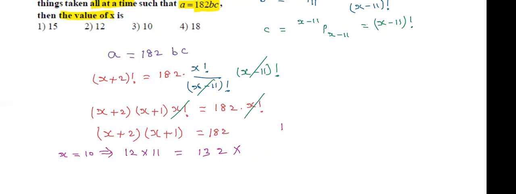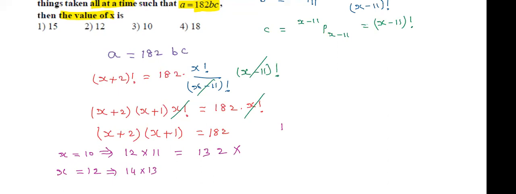Go to another one. I think I am going to 12. x is equal to 12. Observe here, 12 plus 2 is 14, 12 plus 1 is 13. 13 into 14.